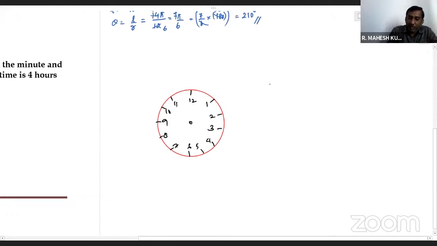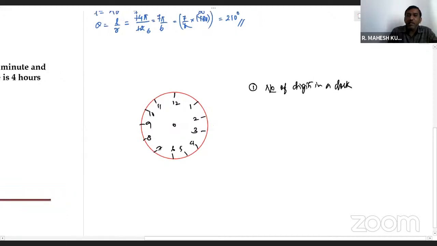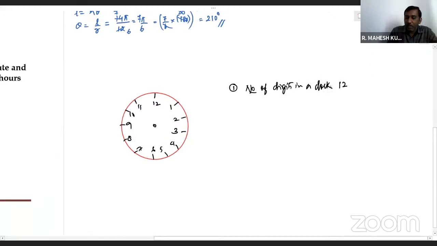So you need to remember the following results. Number 1, the number of digits in a clock. In a clock, there are 12 digits. And those 12 digits are contained in one circle. So the angle between those 12 digits is always going to be one circle.